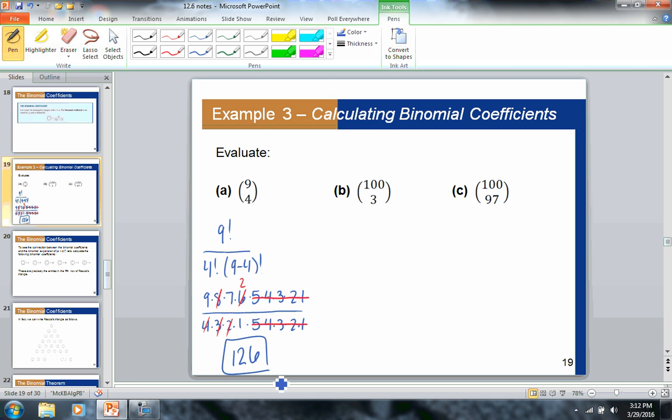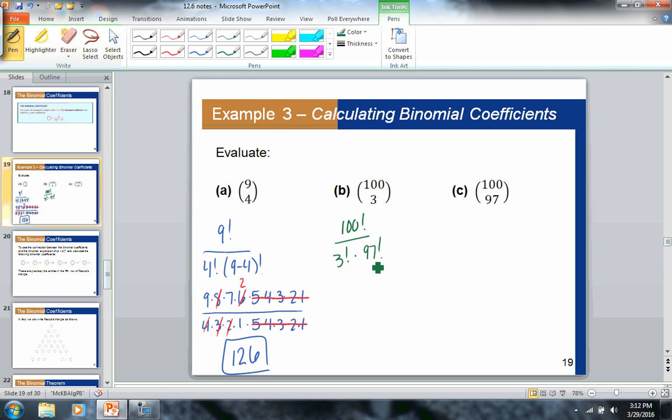Now for part B, this is where it becomes way more useful when you've got really huge numbers like this. I've got 100 over 3. So that means that I would want 100 factorial over 3 factorial times, and then it would be 100 minus 3. So that would be 97 factorial. Now, I'm not going to write out 100 times 99 times 98, etc., all the way on to 1.